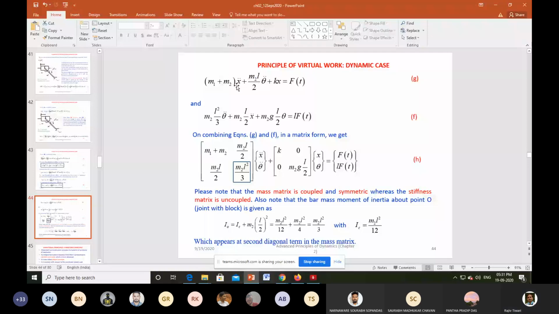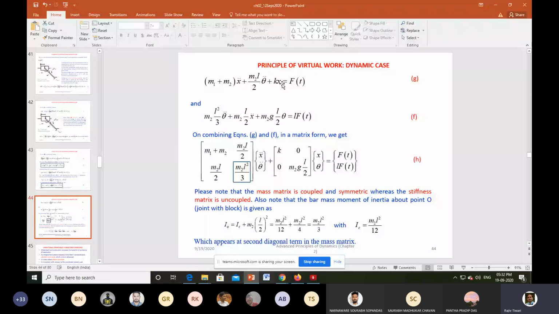So basically, this matrix, if we expand, you'll get these two equations. This particular matrix is the mass matrix. This is the acceleration. This is the stiffness matrix, which is coming from kx. There is no theta term here in the first equation, so 0.